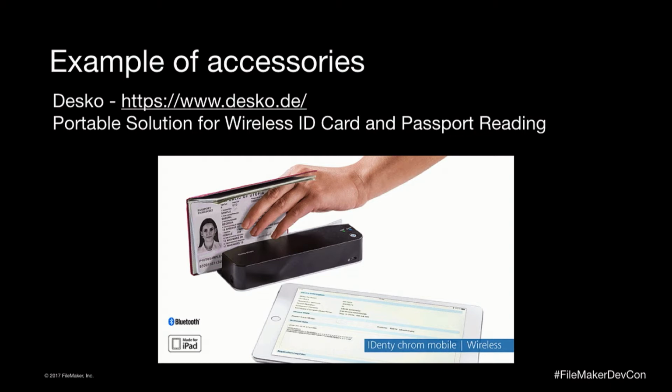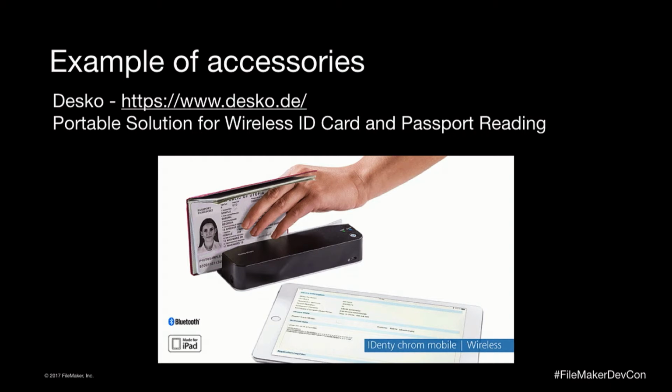These few slides I just added a few days ago. I'm collecting every piece of hardware that connects to iOS that we can connect to FileMaker, and I will show just a short list of possible hardware that we can embed into FileMaker.